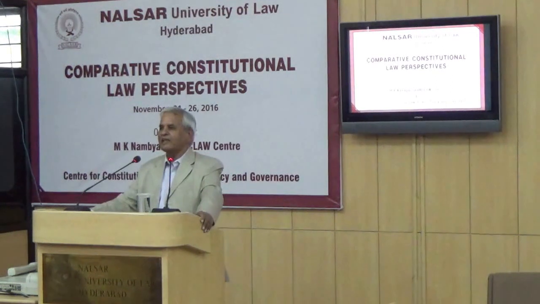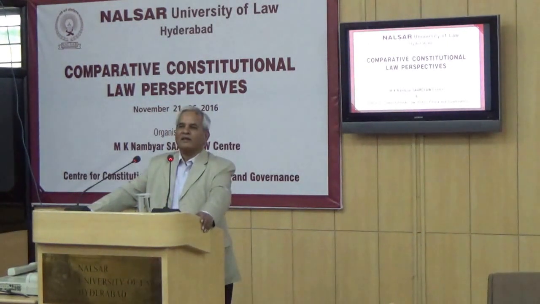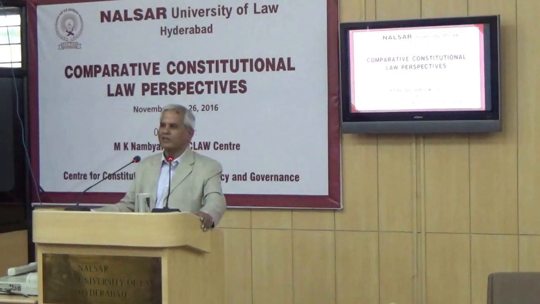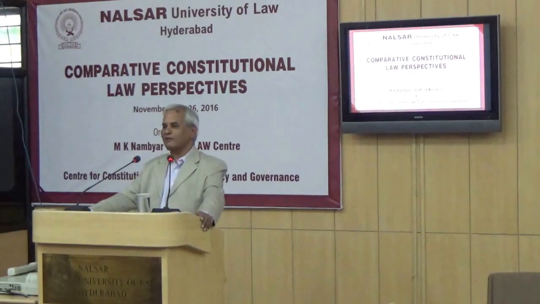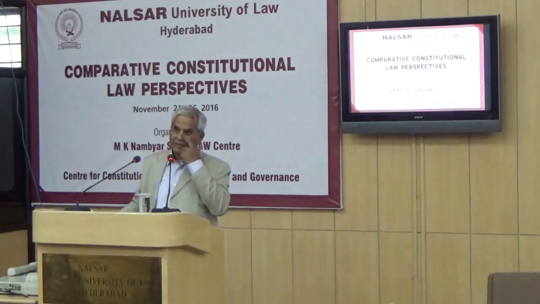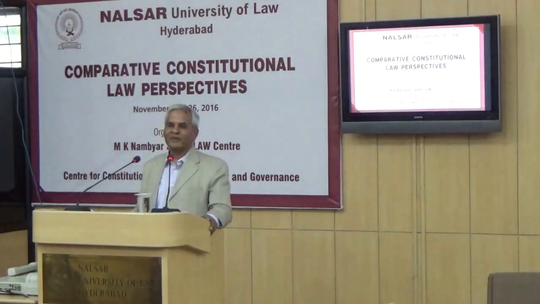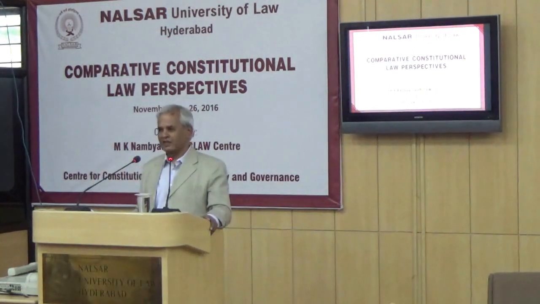Aristotle, when he wrote about his politics and constitutions, collected information on more than 300 constitutions that existed in different democratic city-states in Greece or around that. On the basis of that he came to the conclusion that among the several forms of government, including democracy, the best form of government is constitutional democracy.